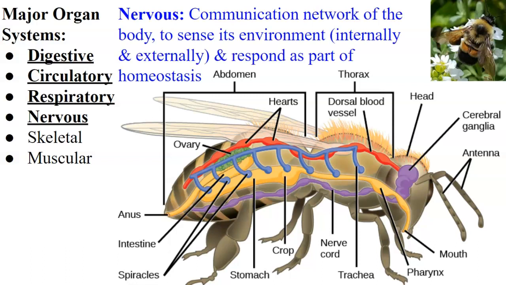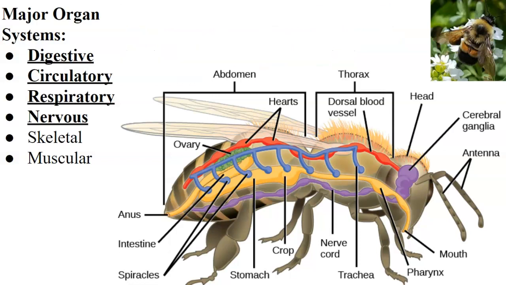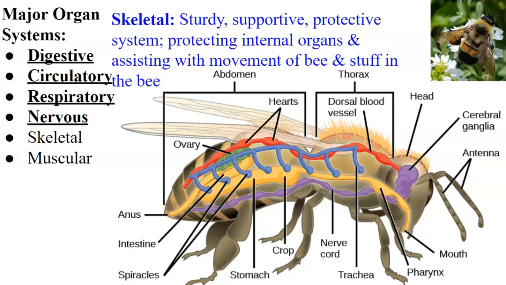Their nervous system, much like ours, is a communication network throughout the entire body to sense its environment, both internally and externally, and then respond to whatever information is coming in as part of overall homeostasis in that animal. They have a skeleton that is on the outside called an exoskeleton.